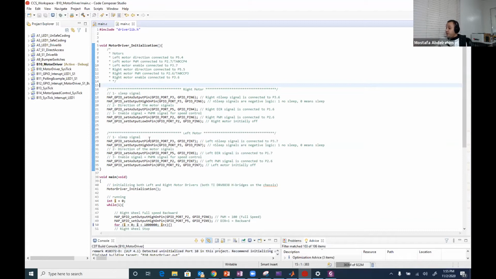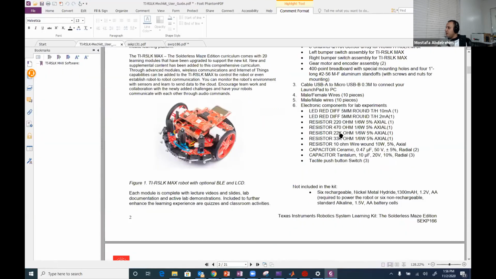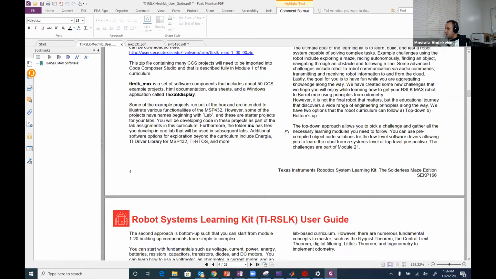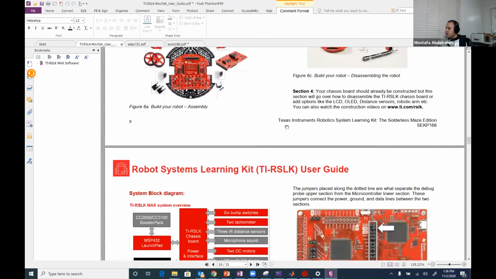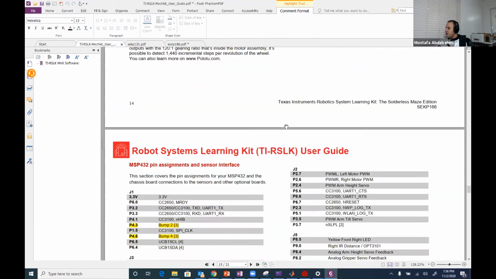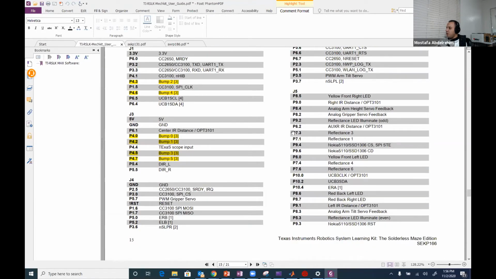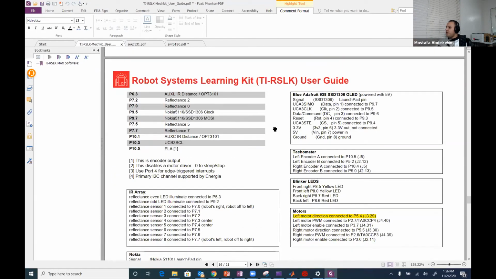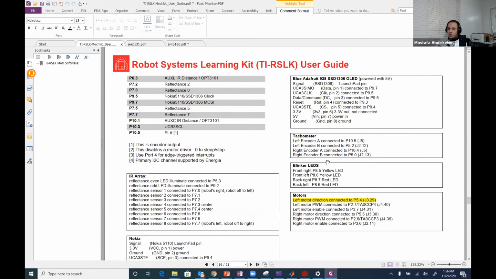So first we're gonna see why these pins in particular. So I think I have the kit here. How could I know which pin is connected to the chips? This is known from the user guide. So you can look at this big table here, or for each peripheral you have on the kit, there is a separate table like this.